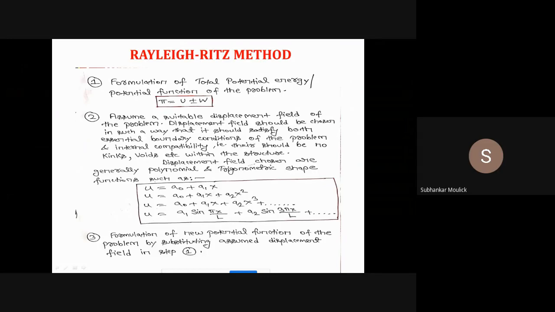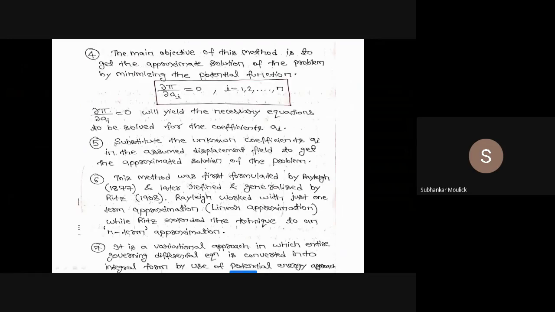You will substitute the value of a1, you will substitute the value of a2, a0 you have already calculated by the essential boundary condition. Then that value of u will be your approximate solution of the problem by Rayleigh-Ritz method. This is the last step of this method. Is it clear? Step number 5.